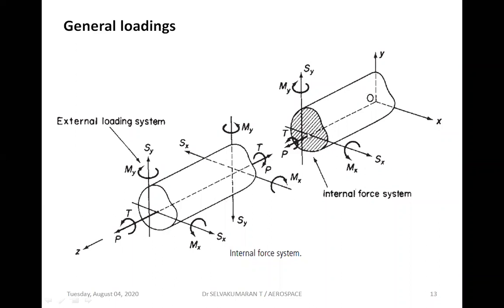So both these magnitudes are equal and opposite to each other. When I bring this section to this end and join these two, both the forces are equal and opposite and cancel each other. Hence, the entire system is in equilibrium.